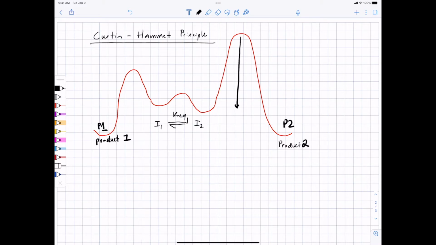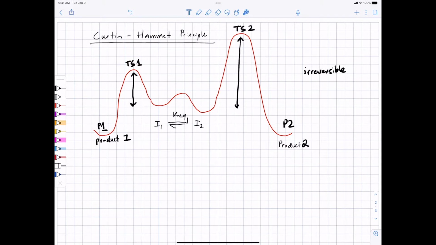So this is the transition state that leads to product 2. This is the transition state that leads to product 1. And we'll say that both of these reactions are irreversible, meaning we've got enough kinetic energy to go over this hill, but we can't go backwards. All right?